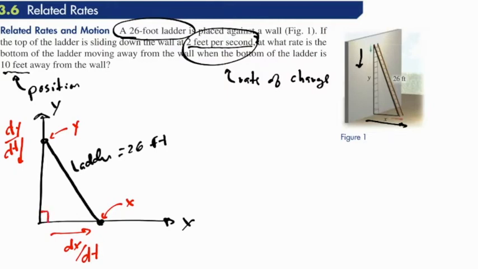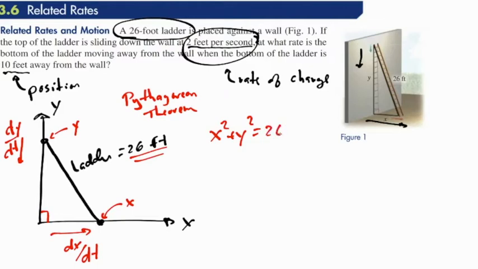We see that this forms a right triangle, and the Pythagorean theorem is going to link this problem. So we can say that x squared plus y squared equals the hypotenuse squared, but the hypotenuse is a constant, so 26 squared.